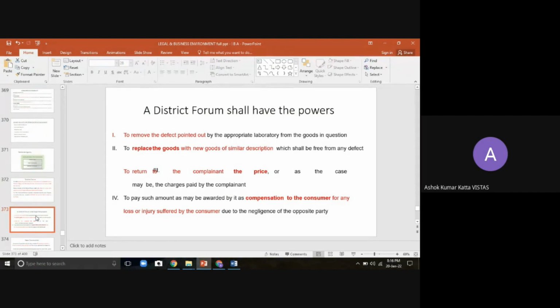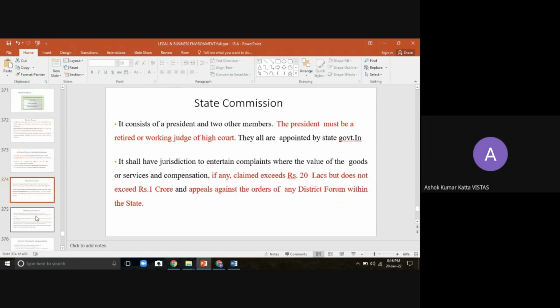Not only district level, state and national levels also have the same kind of powers. Next one, the state commission. What is this state commission? I already told you that in the district level, 5 lakhs to 20 lakhs is handled by the district forum.